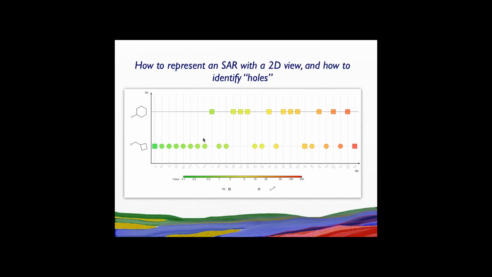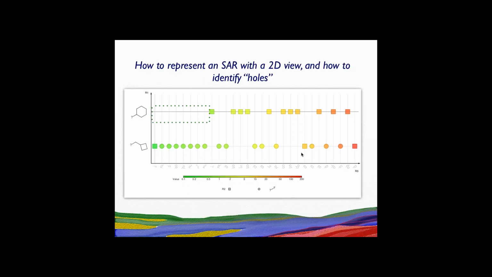On top of that, we map the activity of the compounds on the color.